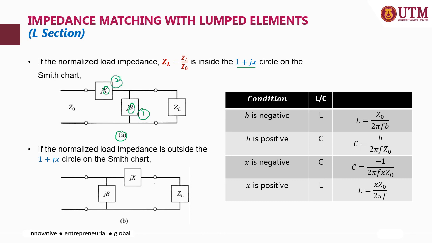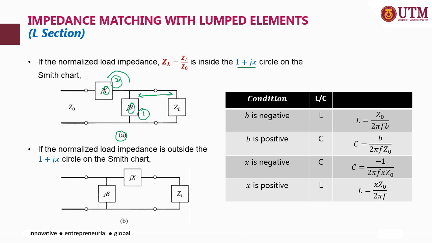Since the first component is in parallel to the load, we'll be considering the admittance, or the Y chart. Next we need to convert it into the Z chart, the impedance chart, so that we can get the X.